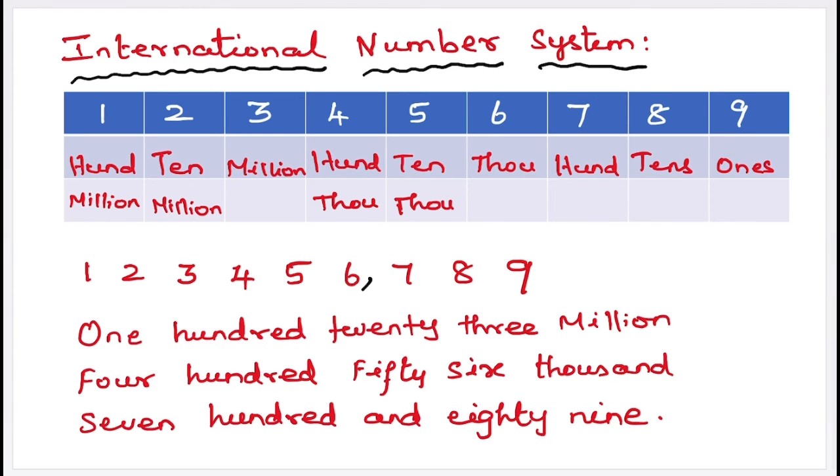Then again leaving 3 digits from the right side, that is from the hundreds place, we use a comma before 4, 5, 6 and so on, till it ends, leaving the last 3 digits 1, 2, 3. So we read this number in the international system as 123,456,789.